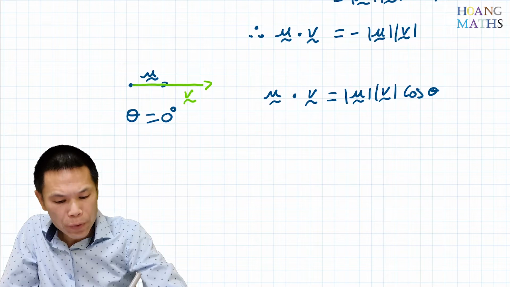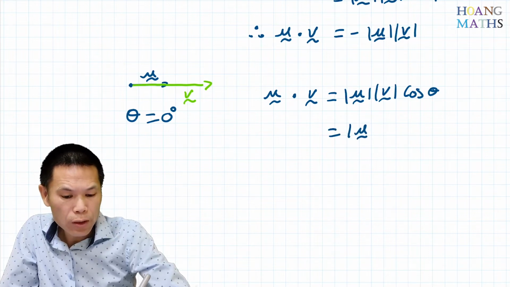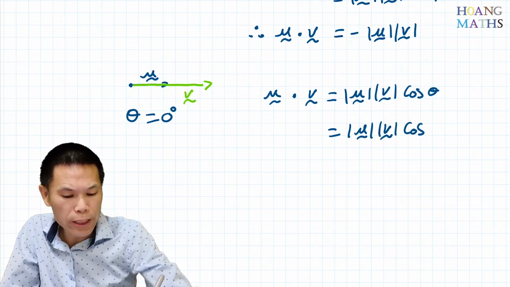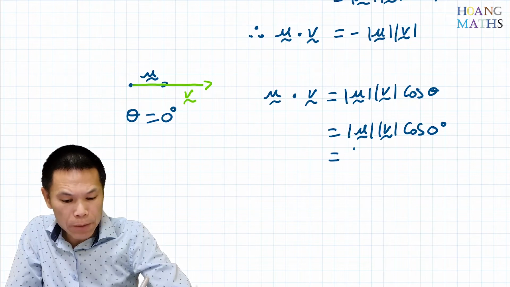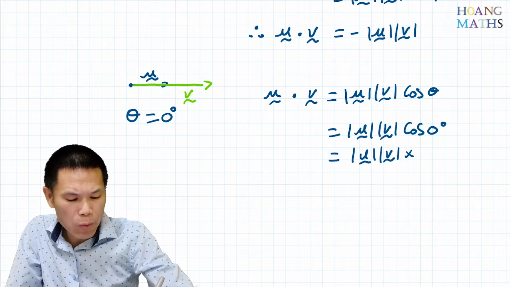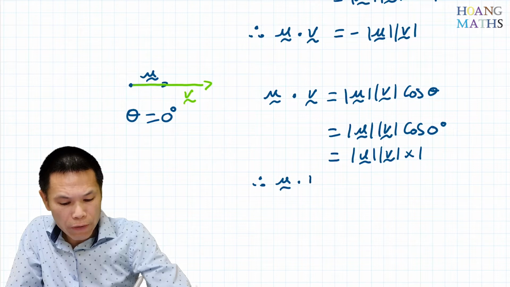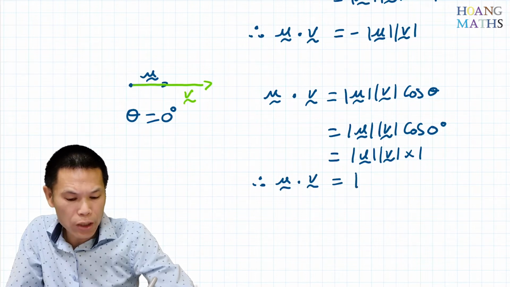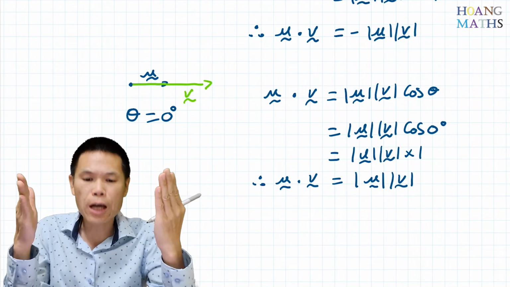So u dot v is equal to magnitude of u times magnitude of v cos 0 degrees, which is exactly the same as magnitude of u times magnitude of v times 1. So vector u dot vector v is equal to magnitude of u times magnitude of v. So there you go.